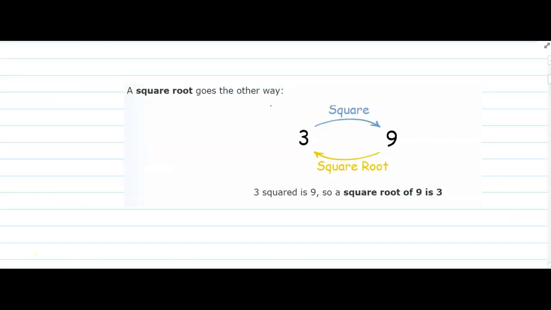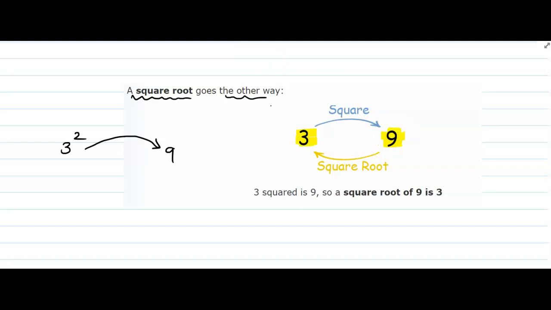Okay. So now we are going to learn about a square root. A square root goes the other way. If you square 3, then you get 9. So 3 squared gives 9.